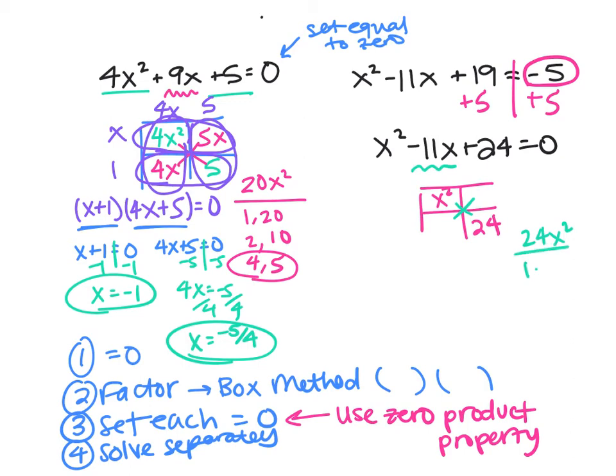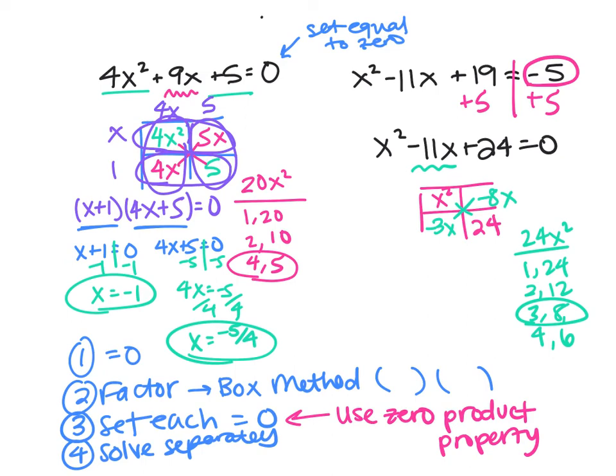So let's see, we have 1 and 24, 2 and 12, 3 and 8, 4 and 6. And then, since they still multiply to be a positive, they'll be the same sign, but it adds to a negative 11 this time, so we know they'll both be negative. And 3 plus 8 gives us that negative 11. So we have a negative 3x and a negative 8x.